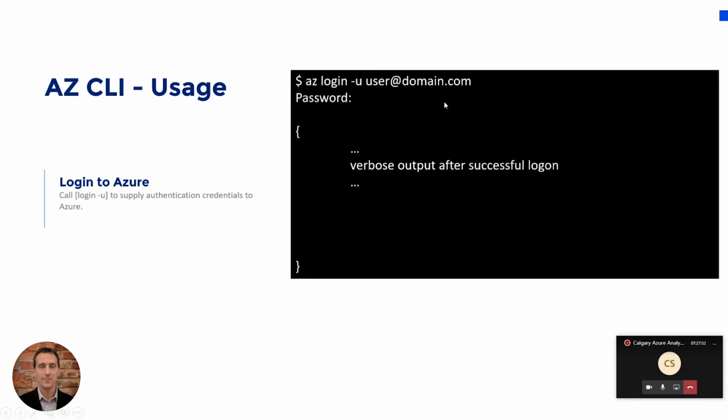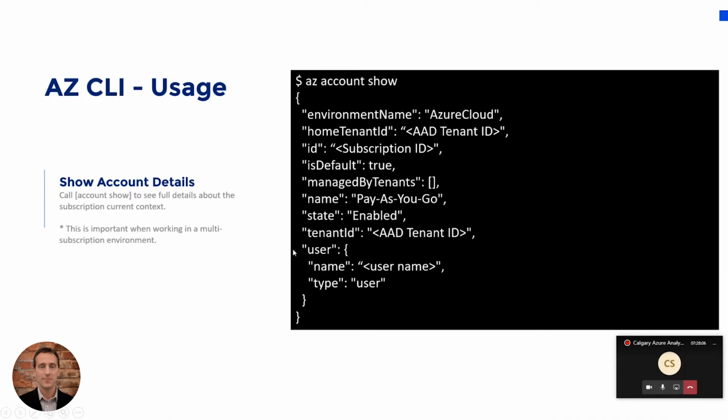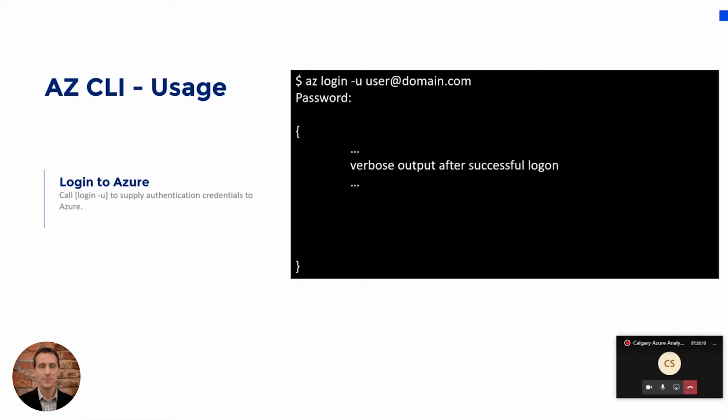So in this example, AZ login -u, and then my user identity. After I successfully log in, of course, it prompts for a password, multi-factor authentication, whatever kind of authentication system you have. After you successfully log in, you're going to get this type of output again, just confirming for you that you've successfully logged in.